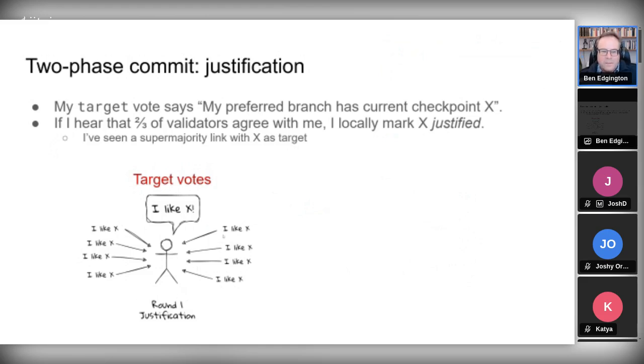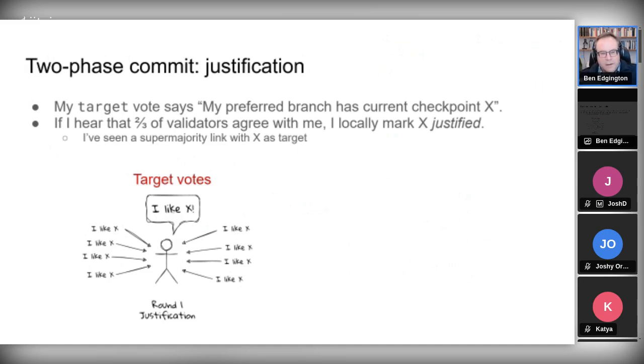but basically what we're saying is justification. So my target vote says my preferred branch has current checkpoint X, whatever the checkpoint of my current epoch is. Then if I receive attestations with target for the same checkpoint from 2/3 of validators, I can then mark X, that checkpoint, as justified.